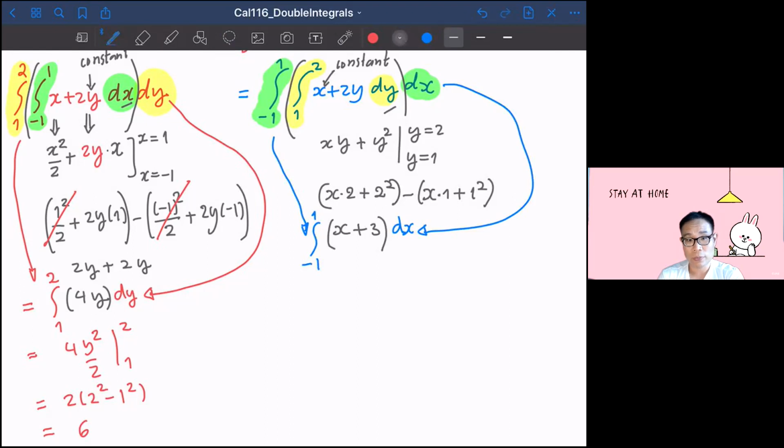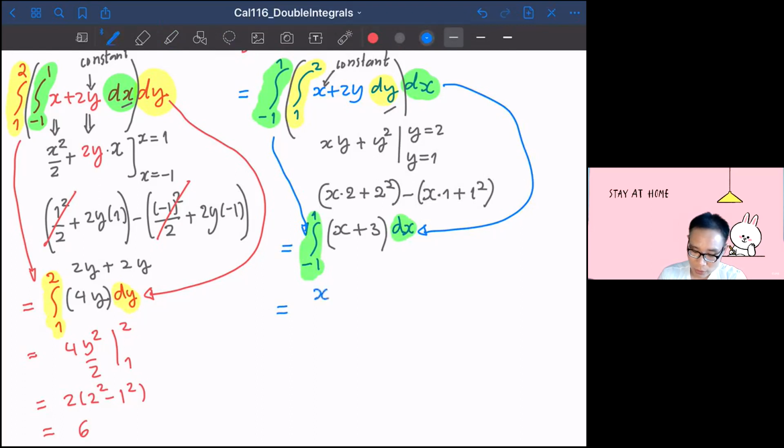You're going to copy the one that you have for the outside, and you are copying the yellow guy down. I forgot to mention that. This will be the final thing that you need to integrate. So you're going to integrate x plus 3 dx from -1 to 1.